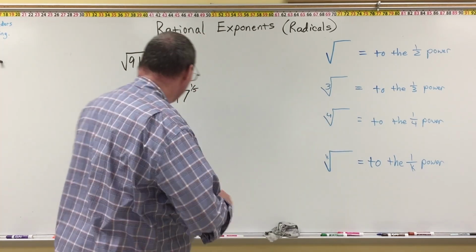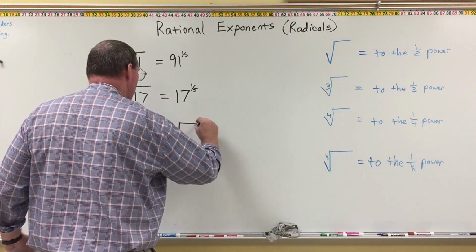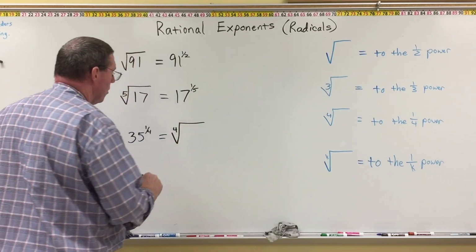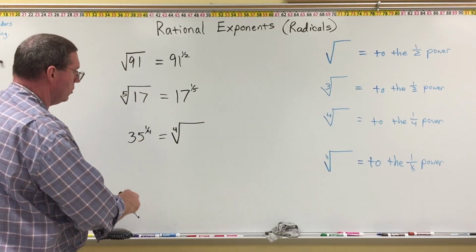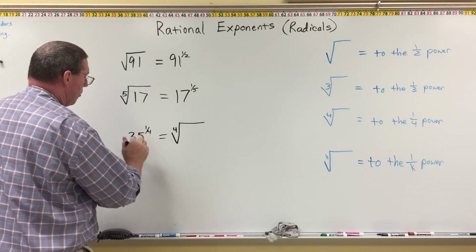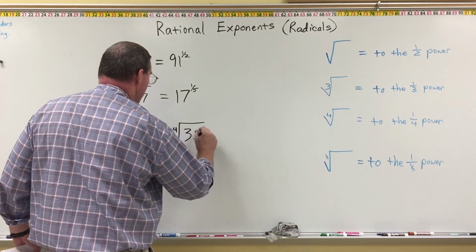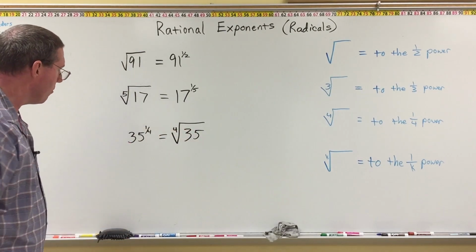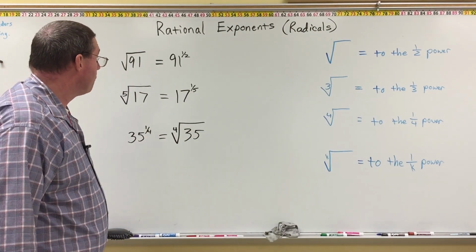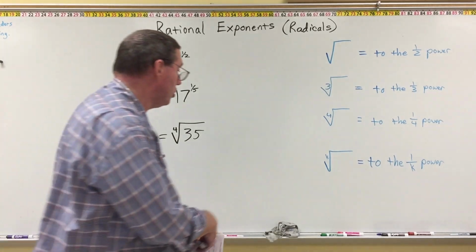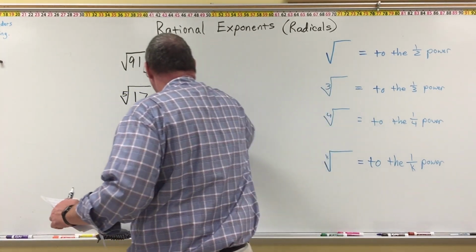We're going to write the square root symbol, but we're going to shove a 4 in there. So instead of being the square root, it's the 4th root, and it's the number 35. The base is 35, and so 35 to the 1/4 power is the same thing as the 4th root of 35. Okay?